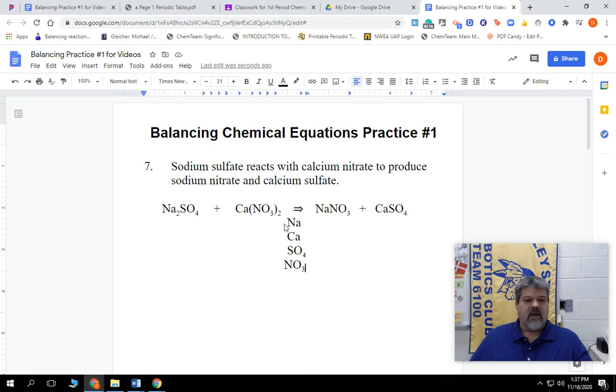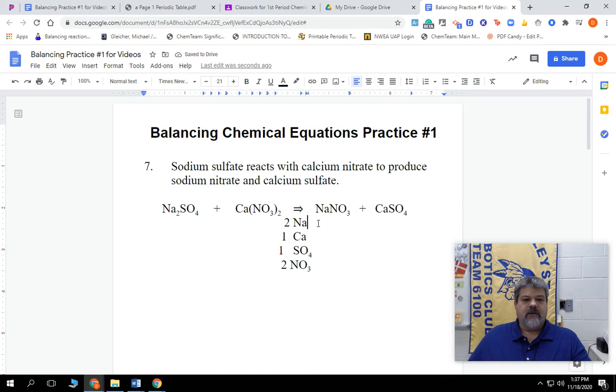So how many of each ones do we have? Well, on this side, sodium is only right there, so we have 2. Calcium we have right here, so we only have 1. Our sulfate is over here, and we only have 1 of those. Okay, and then our nitrate we have right here, and we have 2 nitrates. Okay, so we're going to put a 2 there.